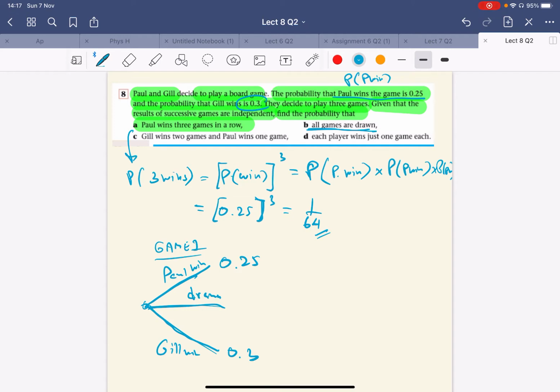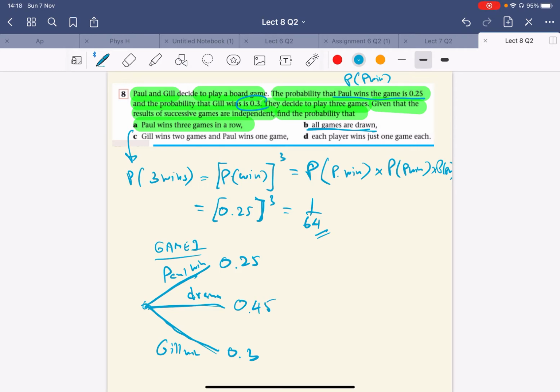So you look at the probability for a draw. How can I find the probability for a draw? What should I do? I should take 1 minus 0.25 minus 0.3. I will get 0.45. So this is the probability of a draw.